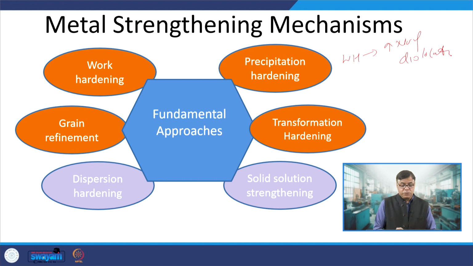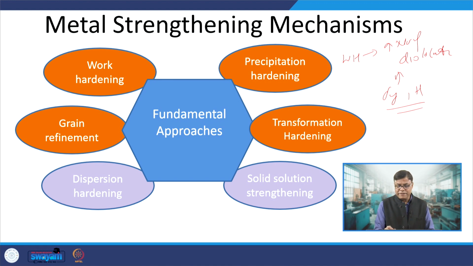When a metal designed on the work hardening mechanism is subjected to plastic deformation, the number of dislocations increases. The increased density of dislocations further increases the yield strength and hardness. This makes the deformation difficult and the plasticity is compromised.